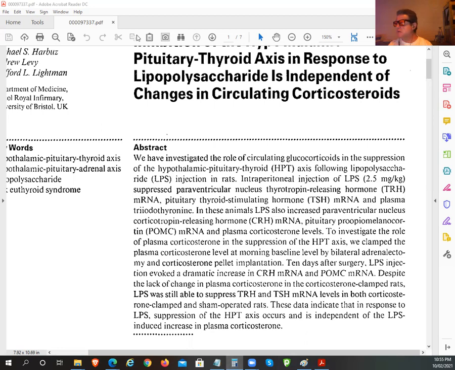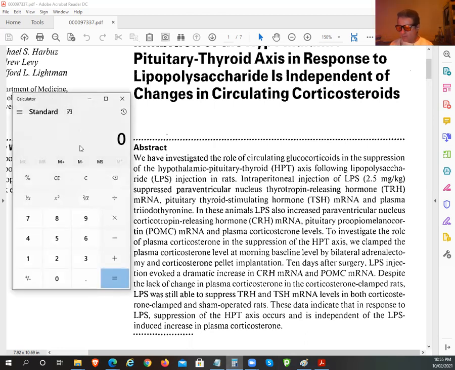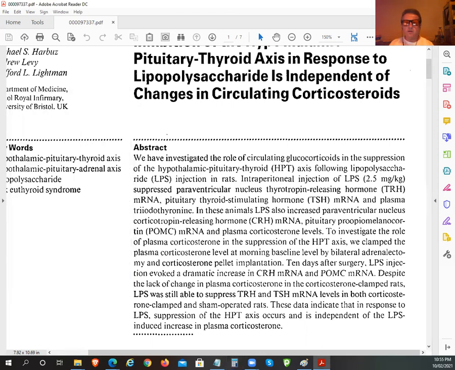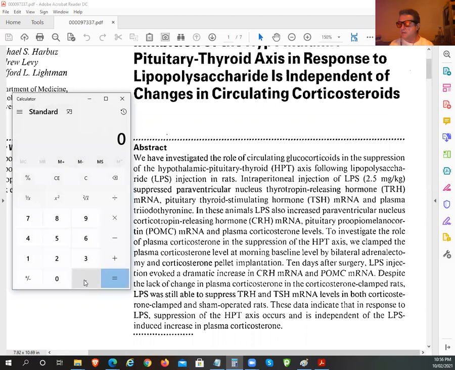How much would that be? So basically, you're talking about 30 grams, which is 0.03 kilogram.